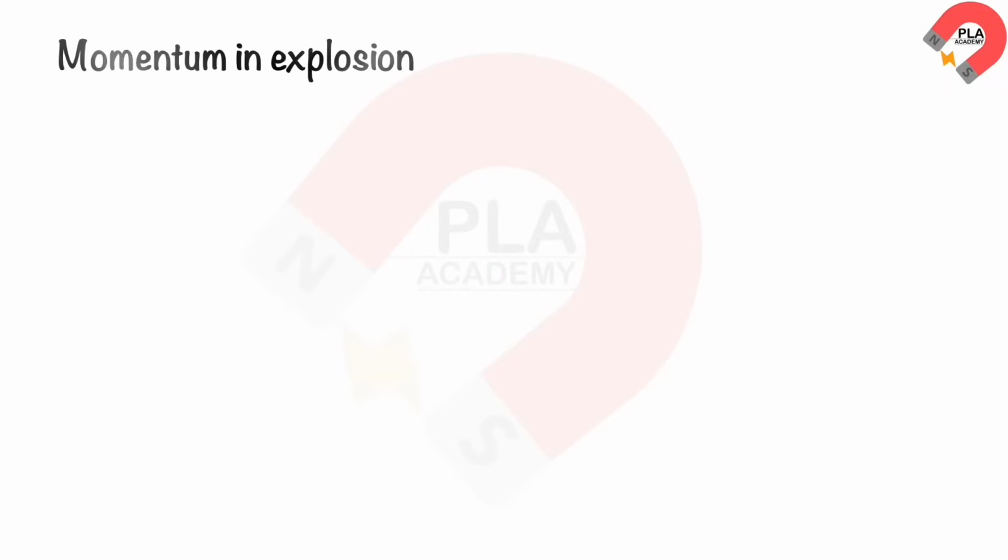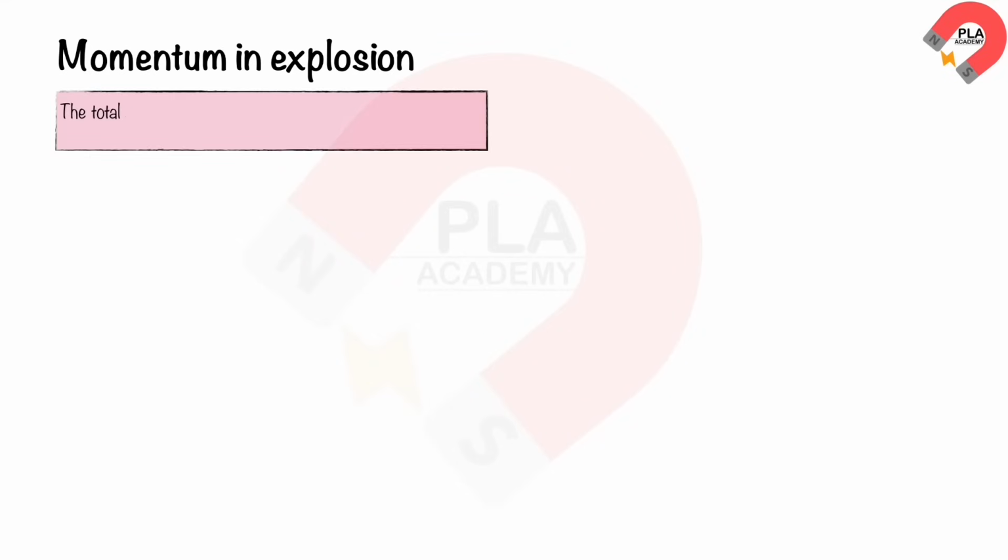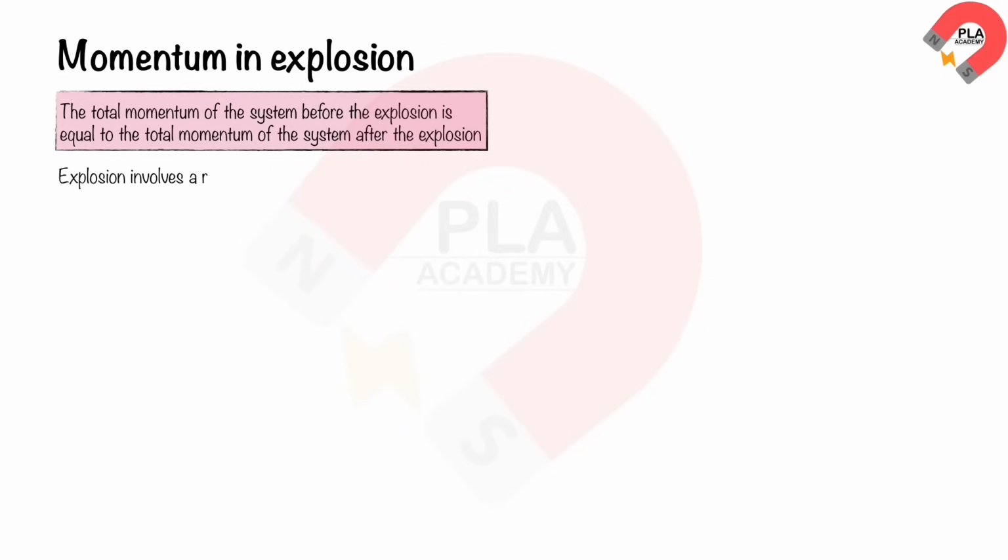Momentum in explosion. The conservation of momentum principle can be applied to explosions. The total momentum of the system before the explosion is equal to the total momentum of the system after the explosion, although there will be a significant increase in the total kinetic energy of the fragments. An explosion involves a rapid release of energy, causing an object to break apart into pieces that fly in different directions.